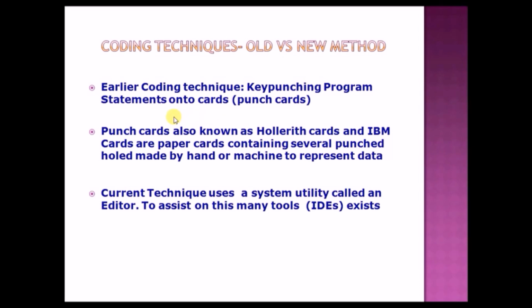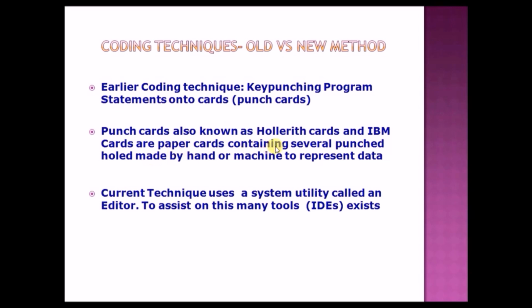Here we will compare the older method of technique to the newer method. In early days of programming, coding was done by using key punching programs in the cards, which were known as Hollerith cards or IBM cards.